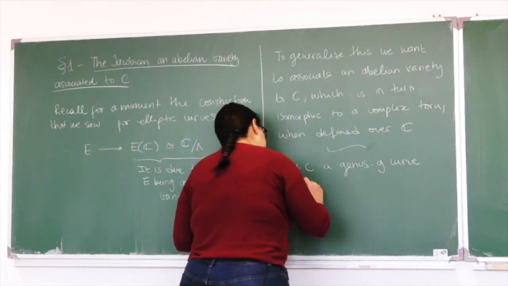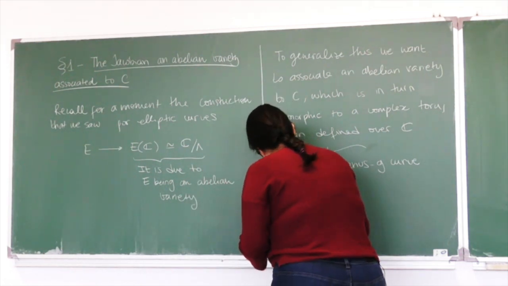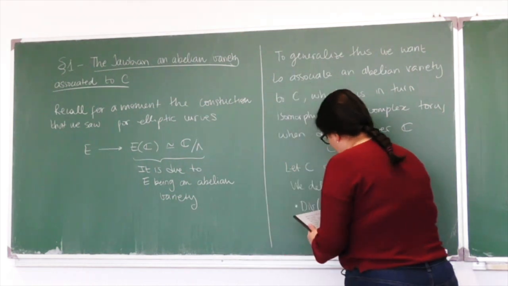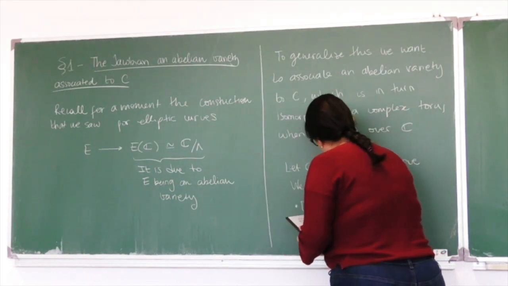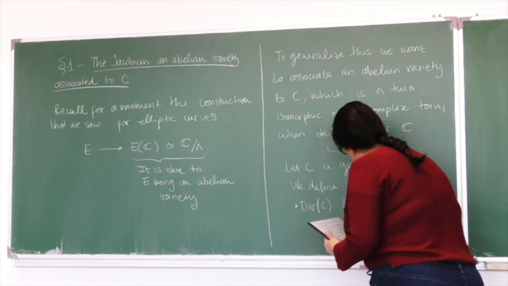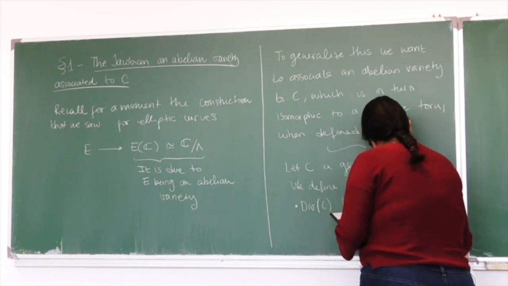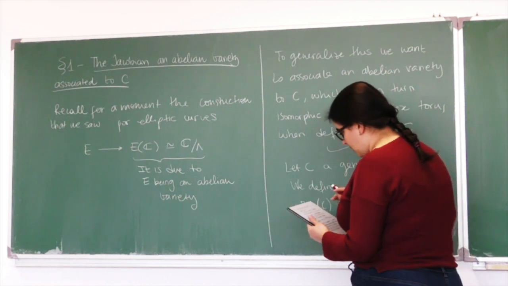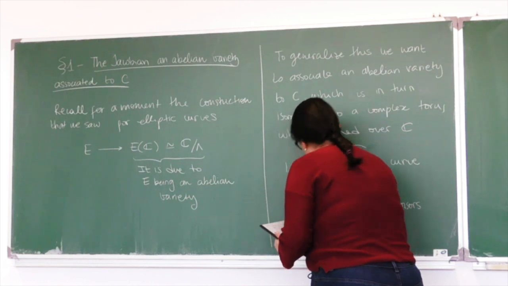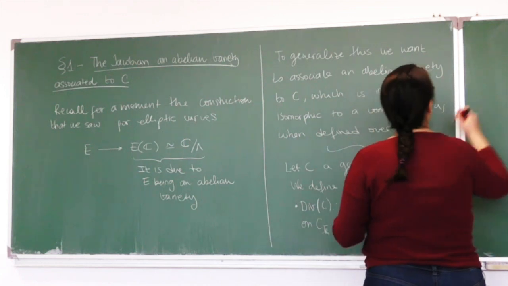We define first the group Div(C), which is the set of divisors on the curve defined over the algebraic closure of the base field.